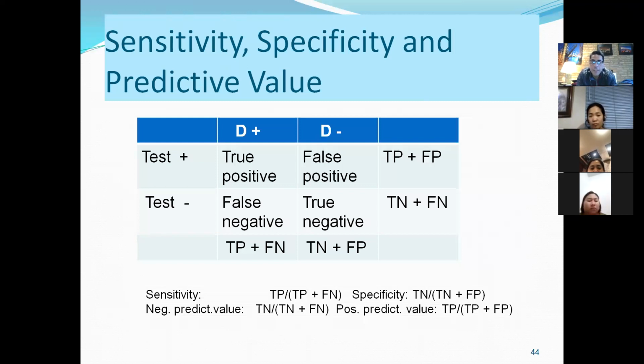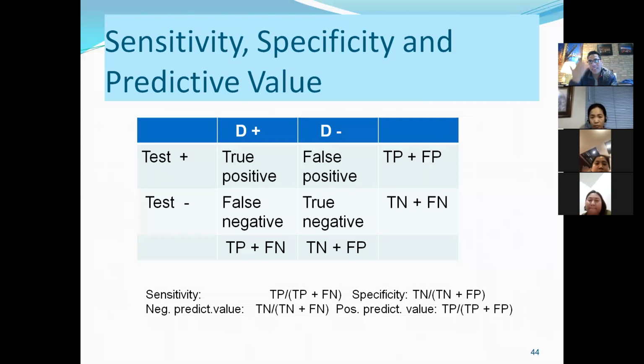When your values in the column total, the total value in the column must be equal to the total value in the row. And that's how we are able to really determine sensitivity and specificity, because if you are not sensitive, then it reflects to your specificity.